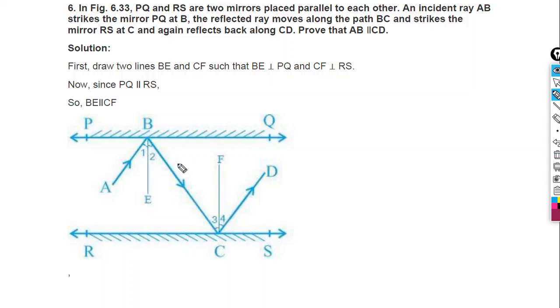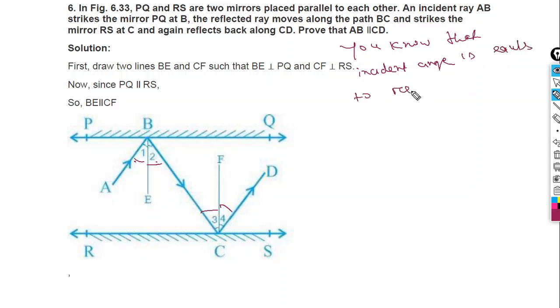Now you can see we have written in the figure some angles being generated: angle 1 and angle 2, angle 3 and angle 4. You know that incident angle is equal to reflected angle. In your science class, you must have studied this.